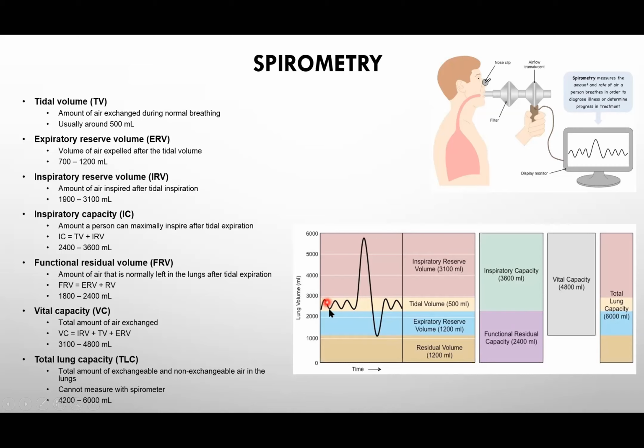Alternatively, if you were just sitting there breathing regularly and I said, now take a huge deep breath in, the biggest breath that you can, then to find the inspiratory reserve volume, you take whatever your normal inspiration is and subtract it from how much you breathed in during that huge breath. Okay?